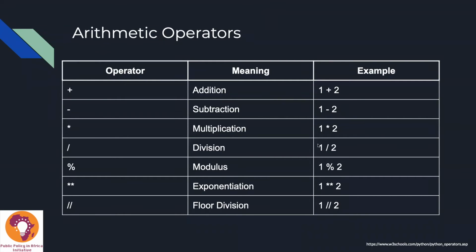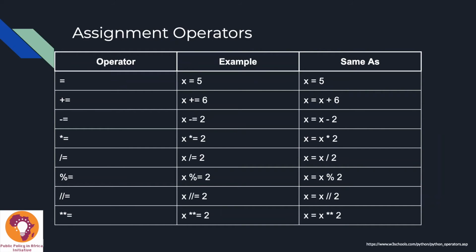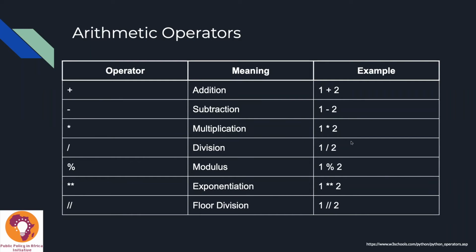So this one up here, the division one, you're saying 1 divided by 2, and I want the result of that division. For the modulus operator, you're doing 1 divided by 2, but I want the remainder of that division. So the remainder here, since 2 is larger than 1, the remainder is going to be 1.